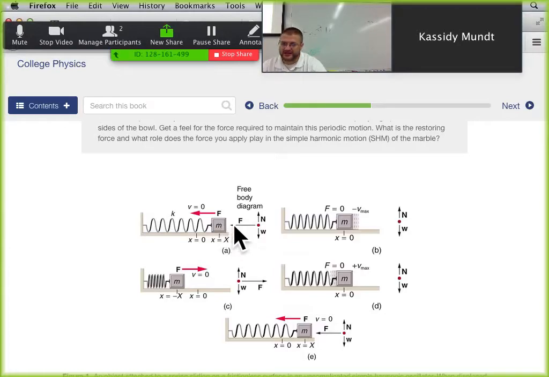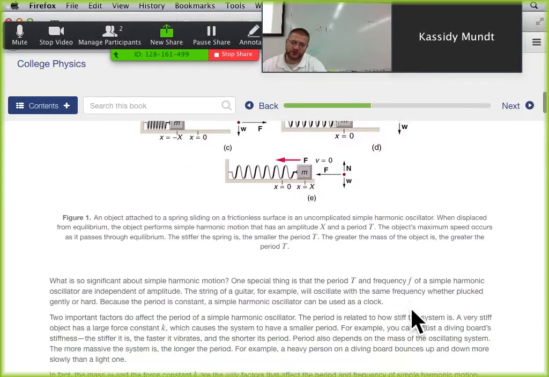And it gets accelerated back towards the equilibrium point, and then it goes past the equilibrium point and compresses the spring to some maximum point on the other side, and then it expands, and then it goes back to the equilibrium point, and then it goes back past the equilibrium point down here, and so on and so forth. It goes back and forth and back and forth.